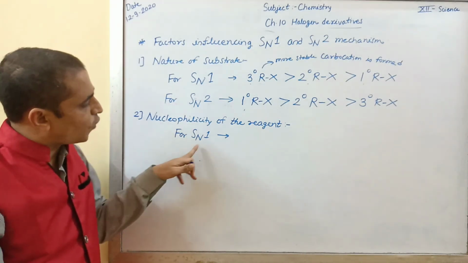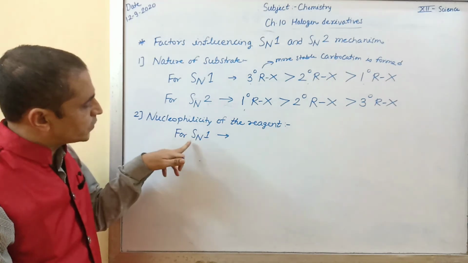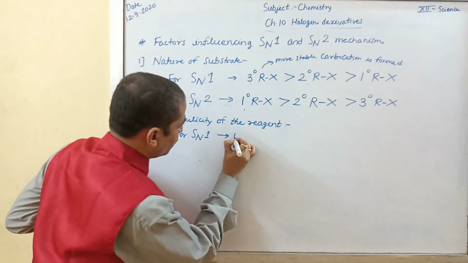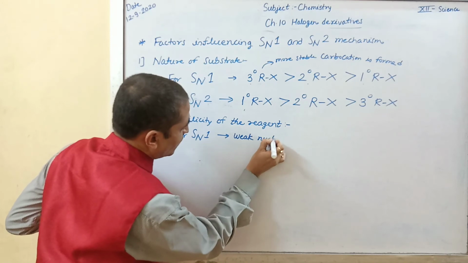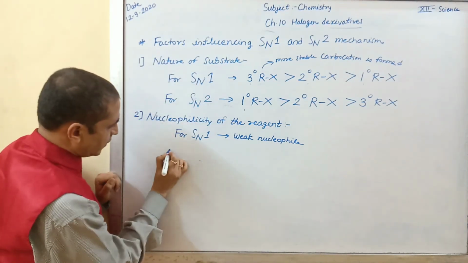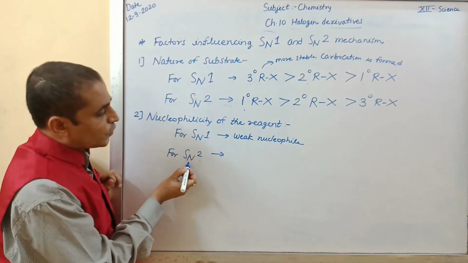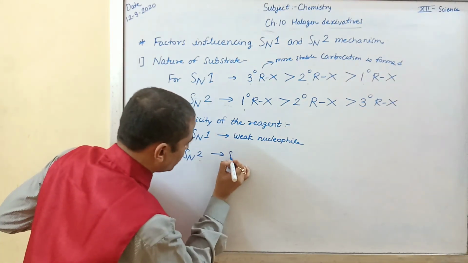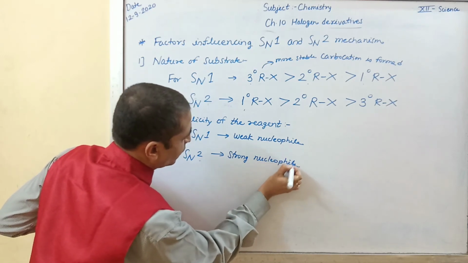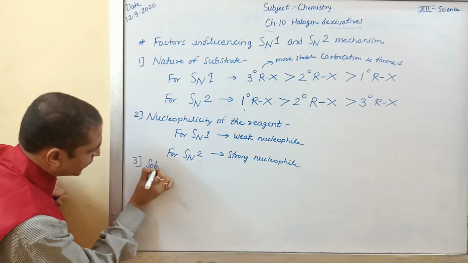In this, the rate determining step contains only substrate, because here the rate of reaction depends upon concentration of substrate and not on the nucleophile, and therefore here a weak nucleophile is used. Weak nucleophile favors SN1 reaction. And for SN2, the rate of reaction depends upon substrate as well as on the concentration of nucleophile. So here a strong nucleophile favors this SN2 reaction.